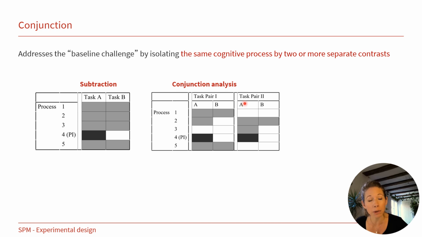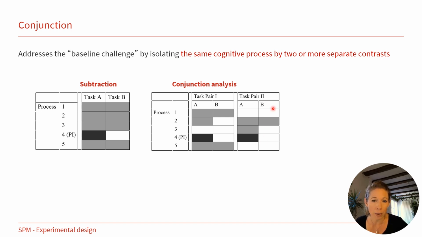In the second task pair, condition A does not include process 1. It does include process 2, the same for the control task B. Then we have process 3, which is present in condition A, but not in condition B. We have process 4, which is present in condition A, but not in condition B, and there is no process number 5. So when we do the subtraction here, we are left with activation related to process 3 and process 4, which are the ones of interest.